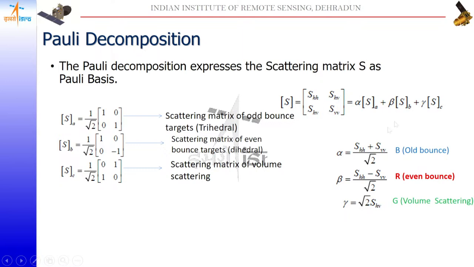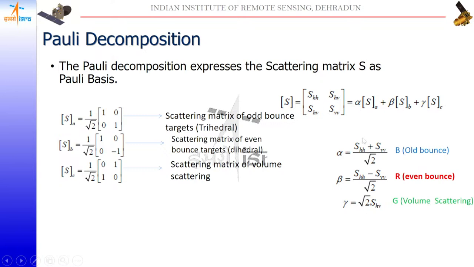After doing some calculation, we can find alpha as HH plus VV under root 2, and beta is this one, and gamma is this one. So now we have decomposed this matrix into 3 components: 1 component, 2 component, and 3 component.